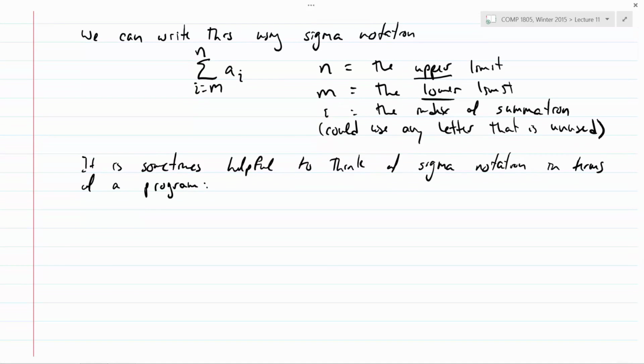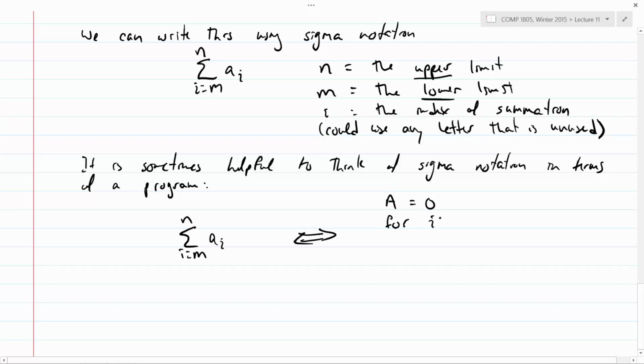So if I have the sum from i equals m to n of a sub i, that's exactly the same as the following program, which I'll write in pseudocode. So it's not really any code. Let's say a initially equals 0, and then for i equals m to n, I do the following.